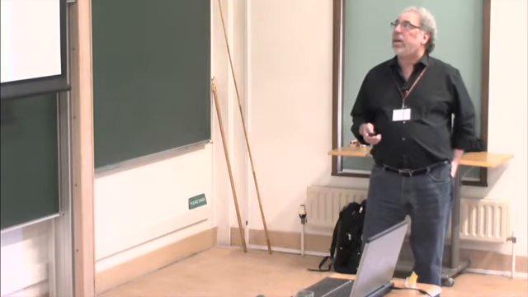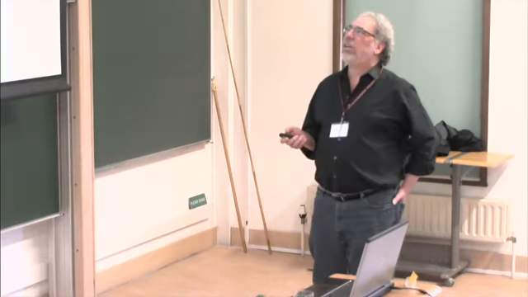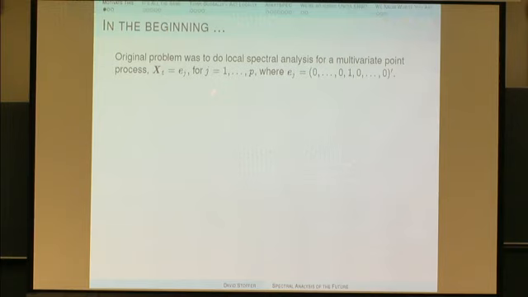Okay, so the best place to start is the beginning, right? So the problem started as basically a genetics problem, and I wanted to do spectral analysis for point processes.